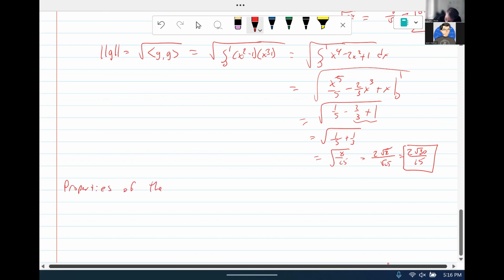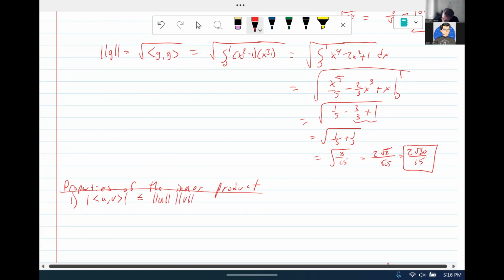Number 1: the absolute value of the inner product of u and v is less than or equal to the norm of u times the norm of v.